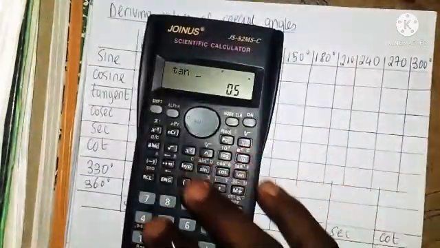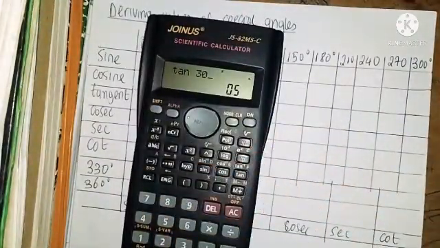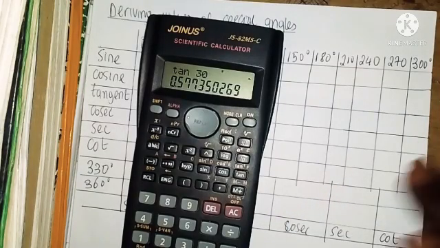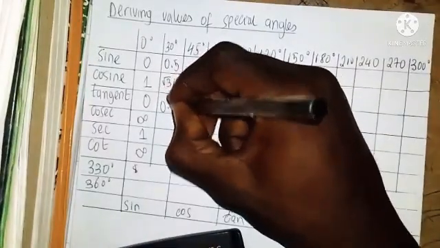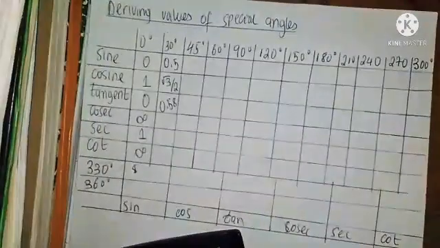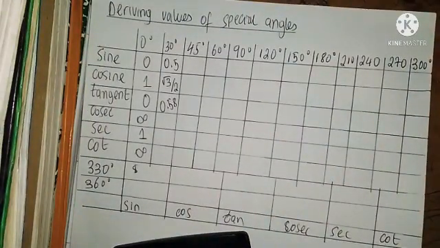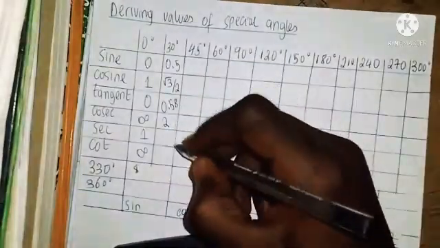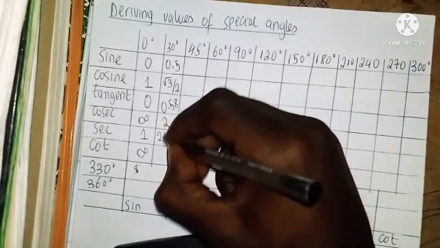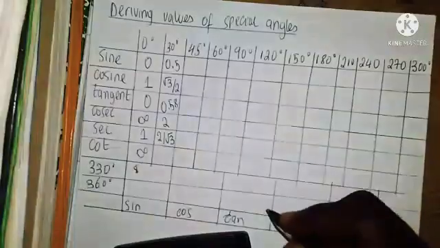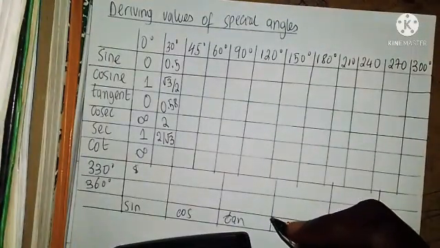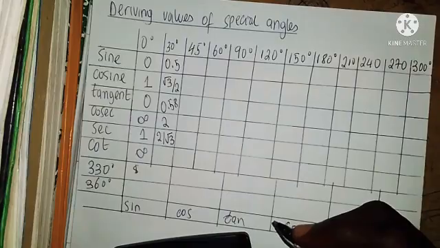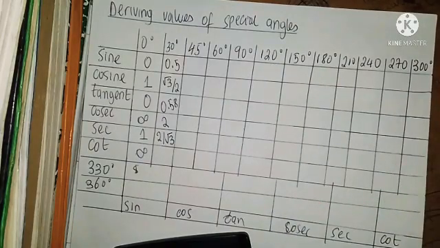Let me punch this on my calculator: tan 30 is equal to 0.577. Let me just have 0.58. Cosecant of 30 is equal to 2. You can get a value in decimal if you wish, but here I will go with fractions in some cases.